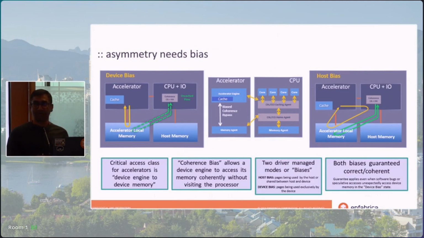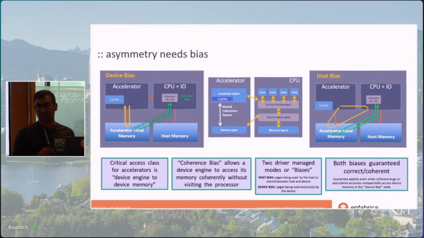It brings bias as a good thing. For all the people who've had lots of training to the contrary, what this allows you to do is say a piece of memory or a resource can have a bias towards the device or a bias towards the host. Because when I say that you and I are going to be completely in sync with each other, somebody has to have authoritative rights to break a deadlock.